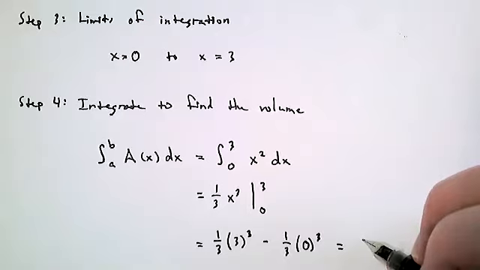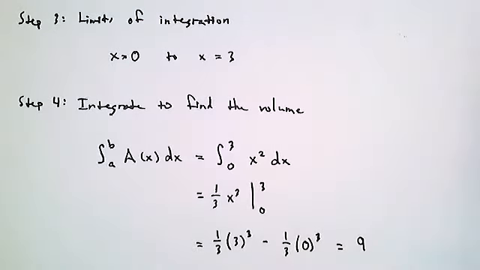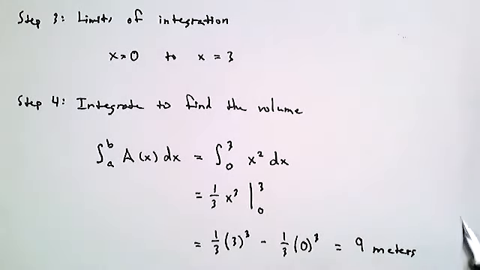So this comes out to 9. And since we're talking about a word problem here, we should go ahead and include our units. This is volume, so it's meters cubed.